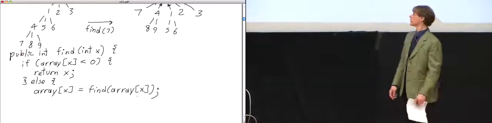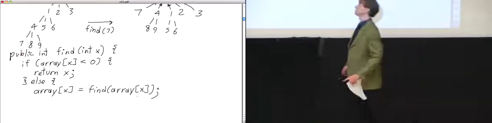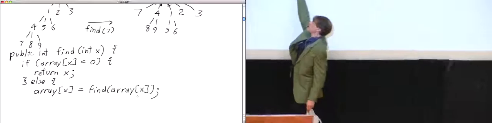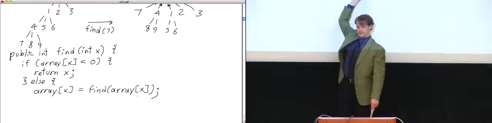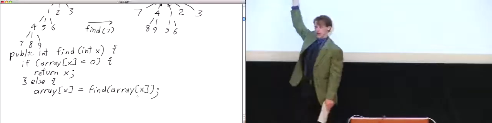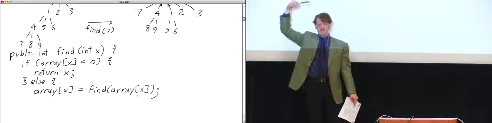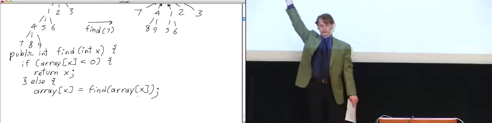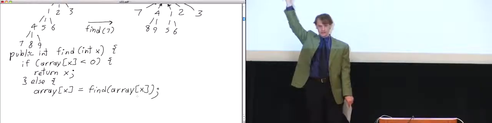So again, this is a really slick line of code. This line of code figures out who my parent is, and it calls find on my parent. That find will recursively go all the way to the root of the tree and return the identity of the root.